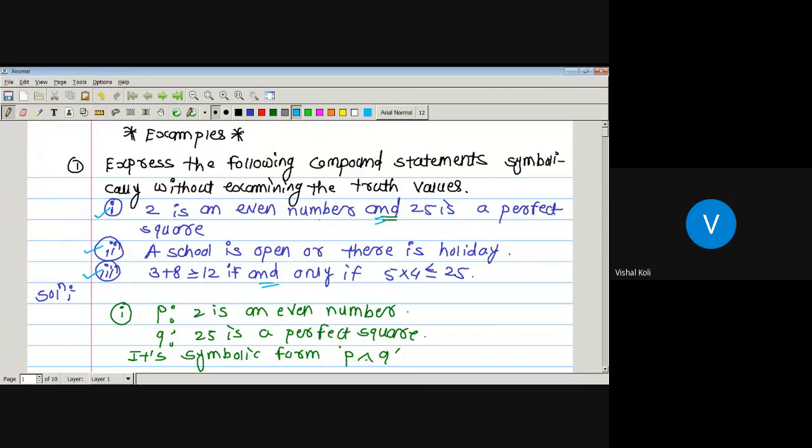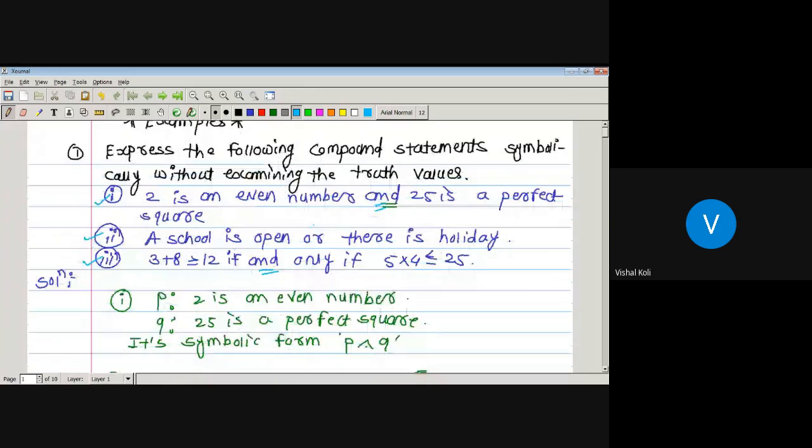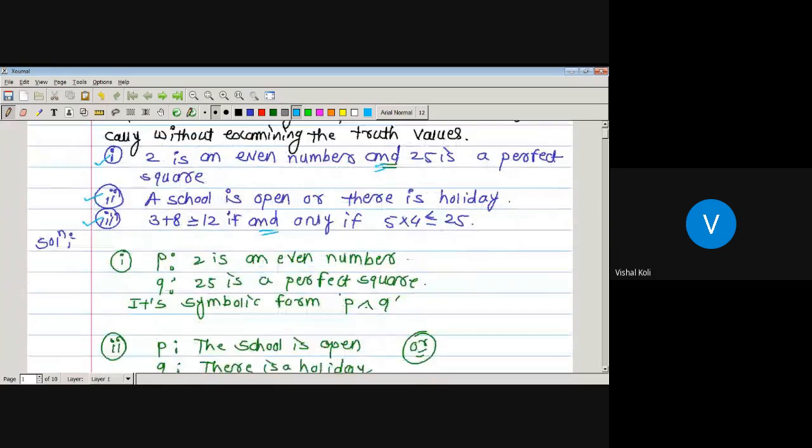For the first statement, 2 is an even number and 25 is a perfect square, and is the connective of a conjunction. So we take P as 2 is an even number, Q as 25 is a perfect square.